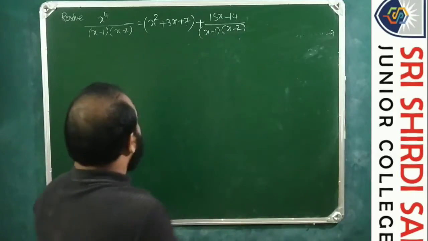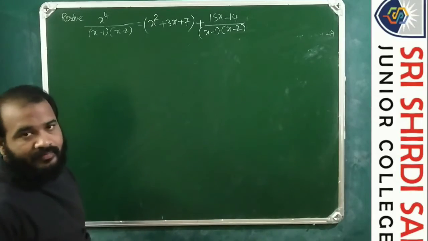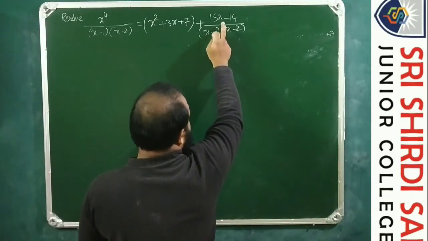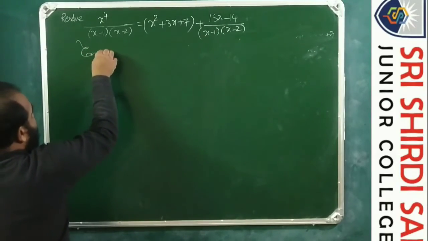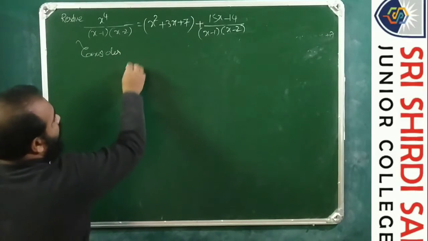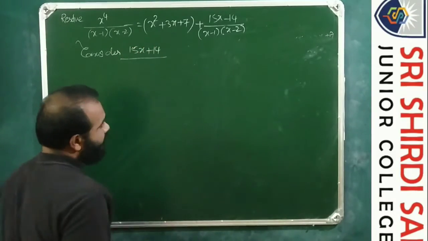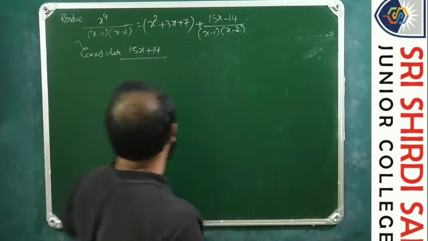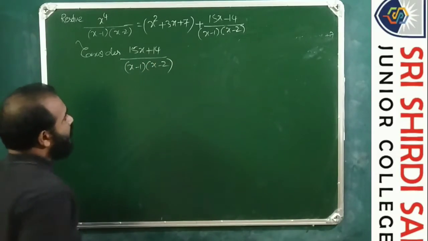Now this is not a fraction, therefore you put it aside and let us take this proper fraction. Consider 15x minus 14 by x minus 1 into x minus 2.